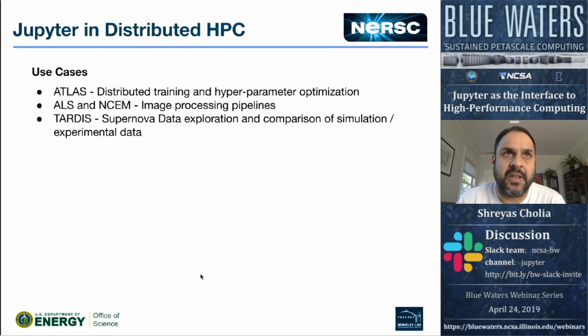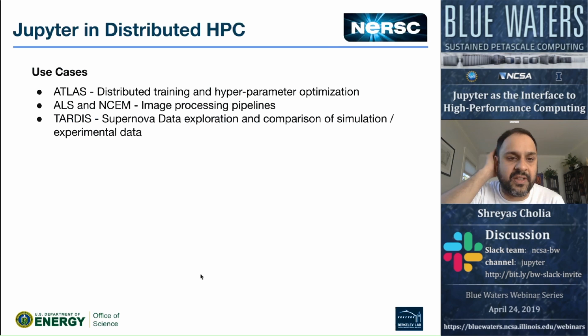Some of the folks that we're working with right now include folks who are trying to do distributed training and hyperparameter optimization. This was for the Atlas experiment where they were getting images from the detector and they wanted to do some distributed machine learning on those images to be able to classify them.